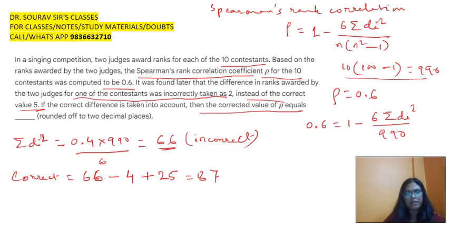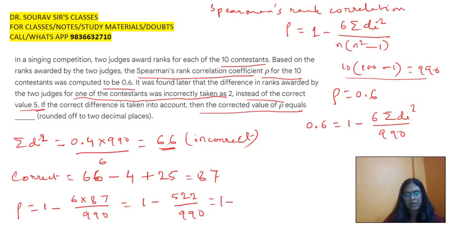Now putting all these values, we get the rho. So rho is 1 minus 6 summation di square, so 6 into 87 divided by 990. So this is 1 minus 522 by 990.